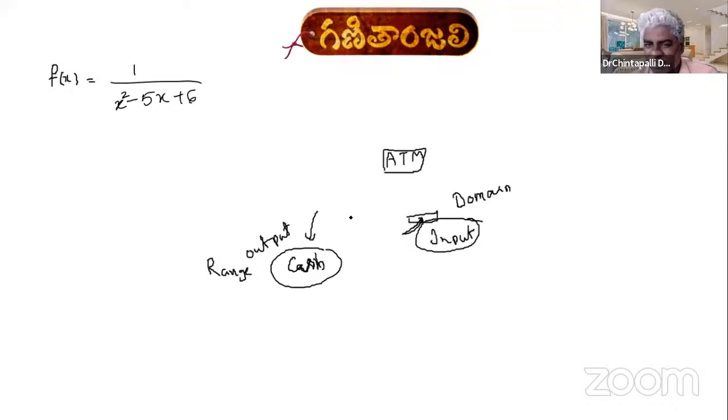Rejects. After a while, it rejects. The card is not correct, something like this. That means Aadhaar card is not in its domain. We can't insert Aadhaar card, we can't insert ration card, we can't insert ID card, we can't insert voter ID.